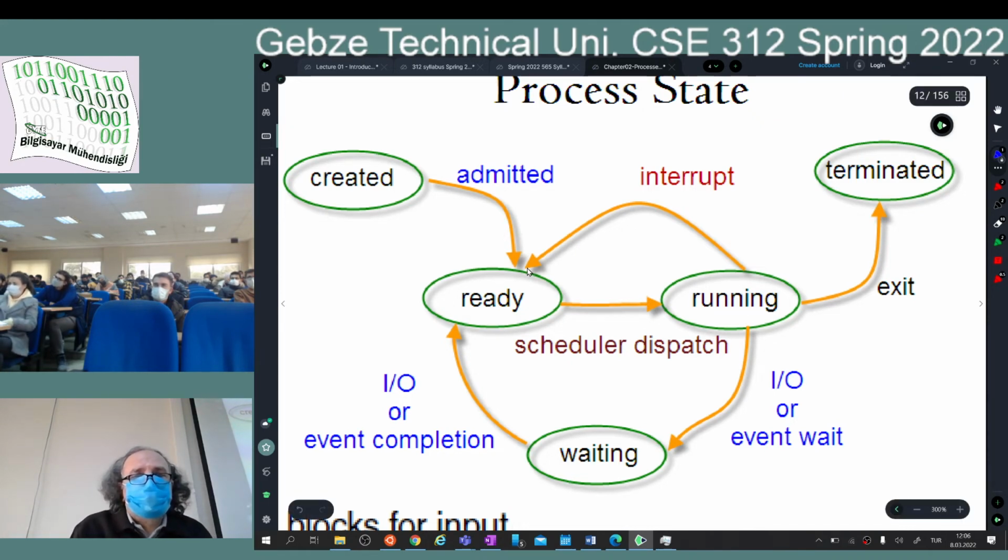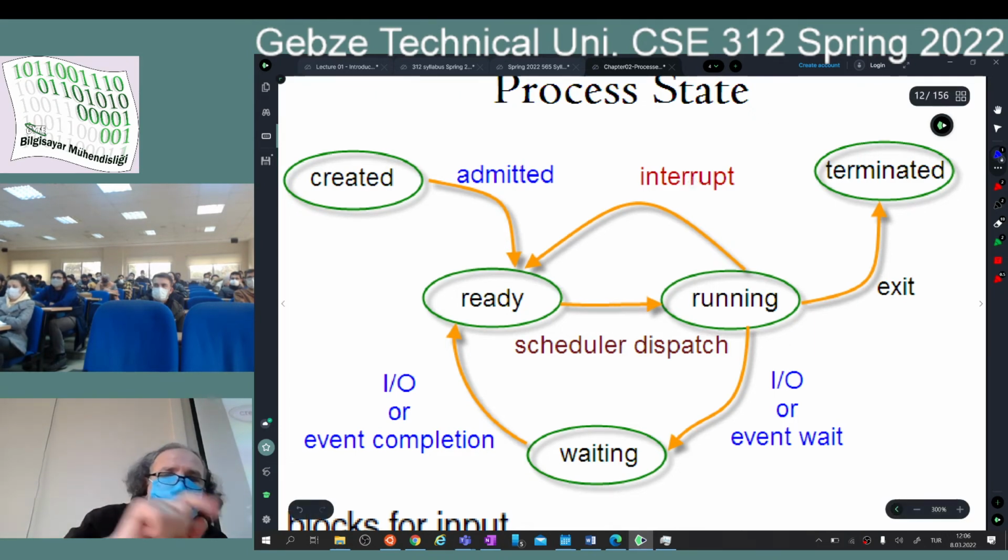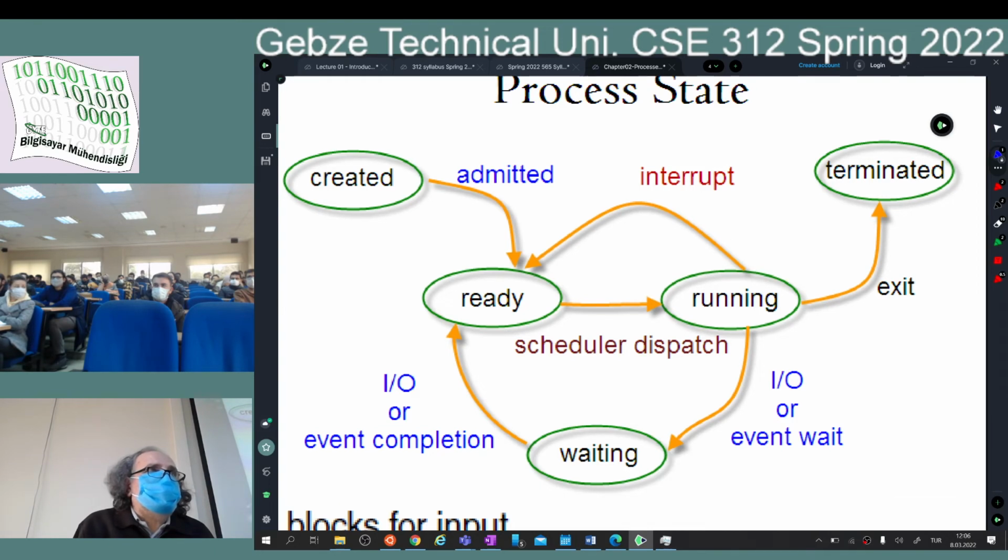So while in the running state, it is happy and it is running. A few things can happen. One is an interrupt. A system interrupt happened. It could be a timer interrupt, a disk interrupt, a keyboard interrupt, a hardware interrupt. Doesn't matter what it is.